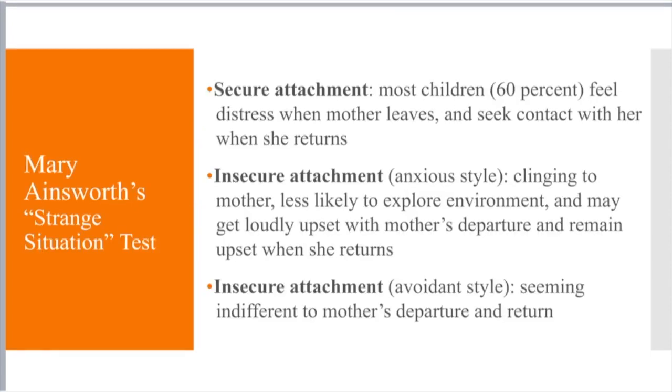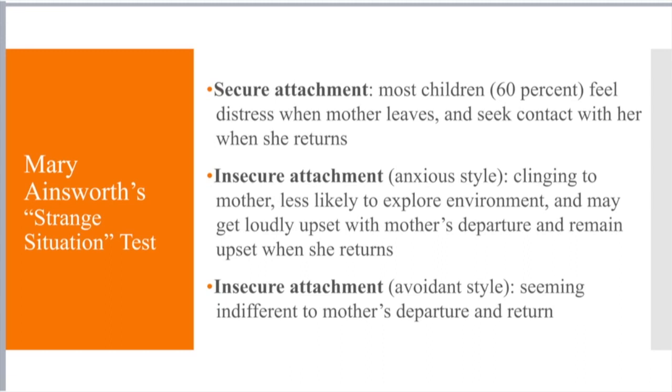The last piece here is to recognize that there is further experimentation surrounding attachment, right? It's not just that attachment is important for kids, but that there are different types of attachment: secure, and insecure, with anxious and avoidant styles.